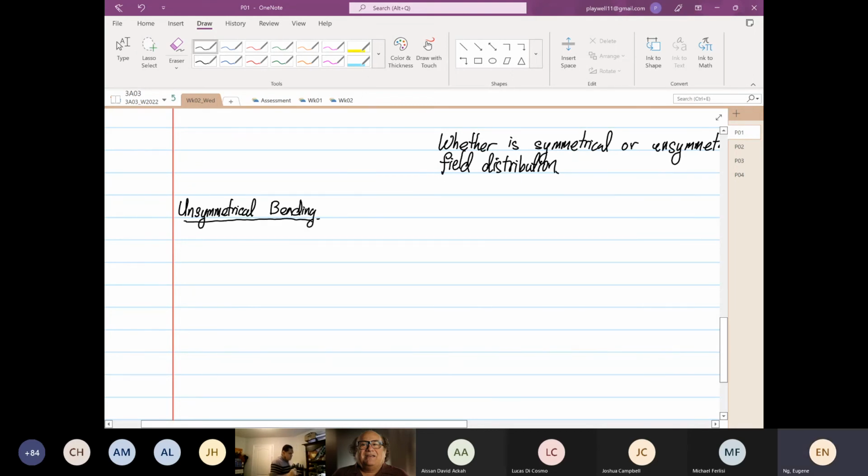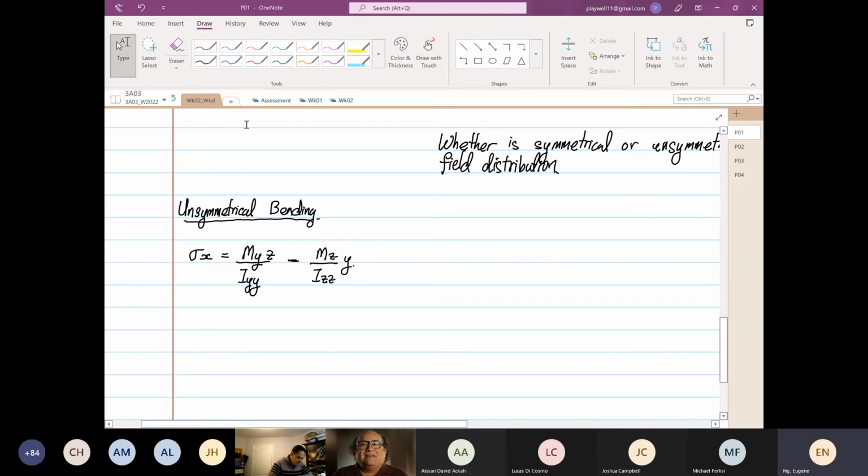So I'll write for you the formula first. Okay, so for unsymmetrical bending, the formula that we have to use is stress in the x direction is equal to My over Iyy multiplied by z, minus Mz over Izz multiplied by y.